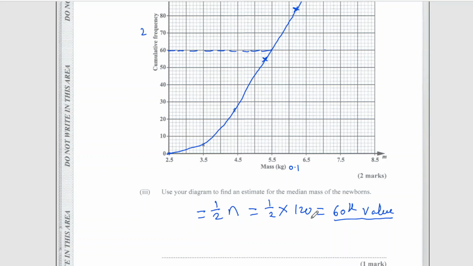If you make a mistake down here and write the wrong answer, once you have your lines like this and they see, okay, that person knows what they're doing, they will give you your marks still, right? So the 60th value, when we come and read it from our graph, we could see is 5.5. So our median mass is 5.5 kilograms.